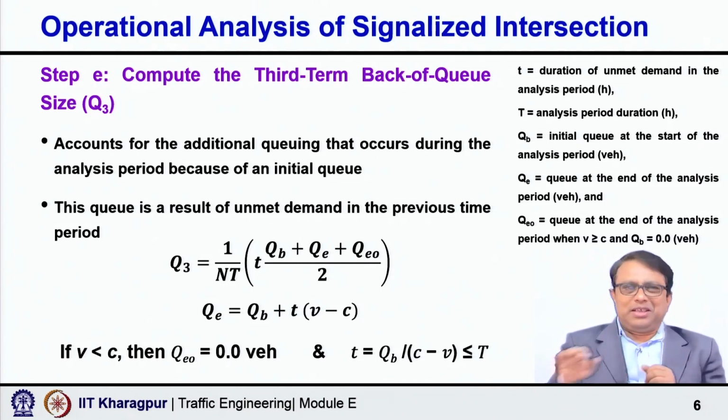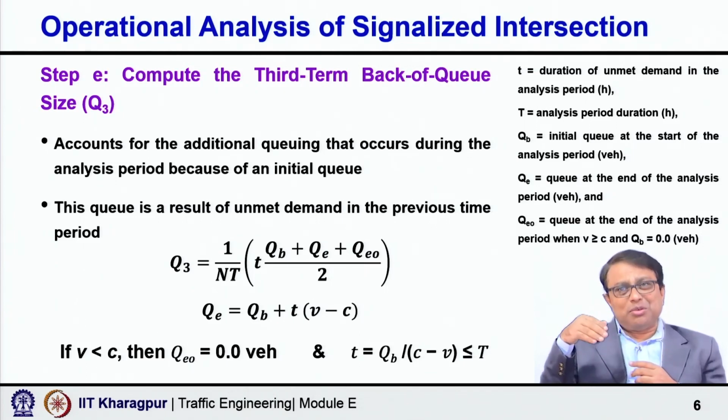All possibilities are there. Now, if V is less than C, capacity is higher, so discharge is higher than the vehicles arriving during this analysis period. So, some of the initial QB vehicles will get discharged.